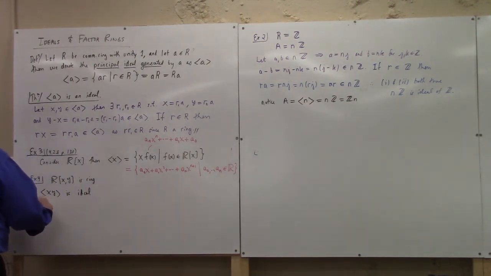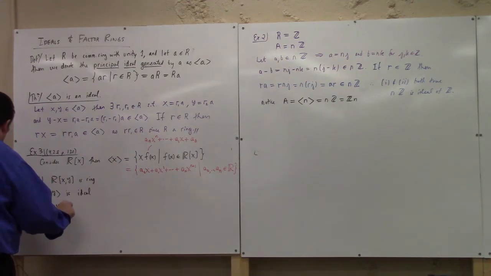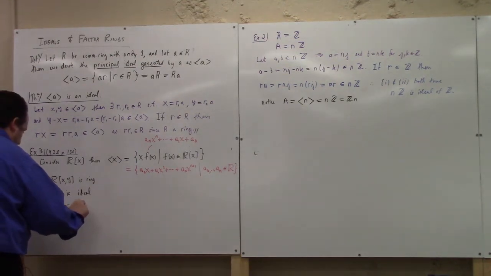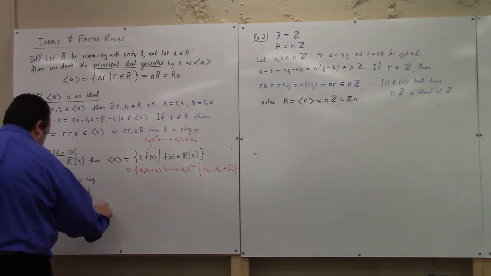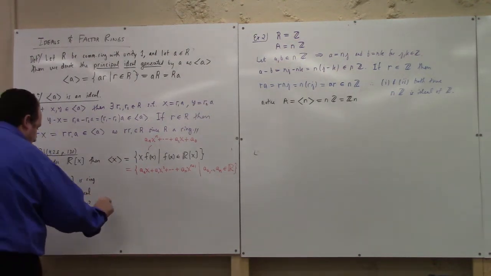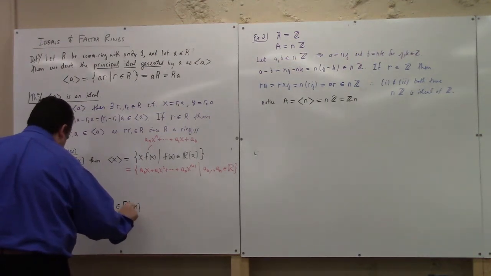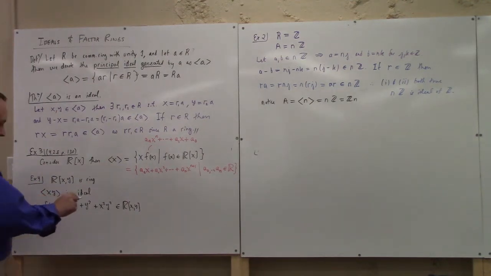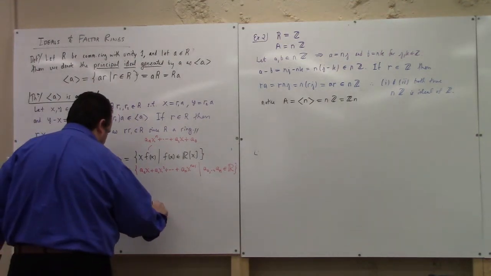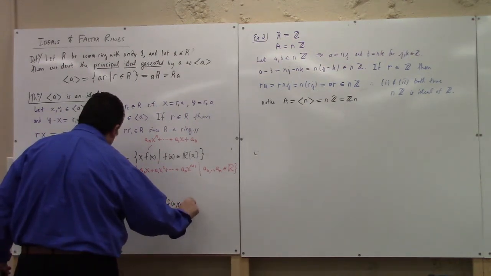I give this example just to give you a sense of what's not in that ideal. If you look at f(x,y) = y + y^3 + x^2 y^2, well, that would be an element of this ring, but f is not an element of the ideal generated by xy.